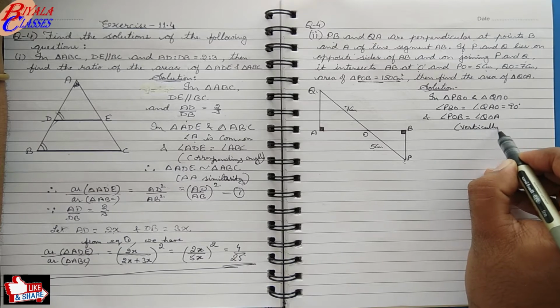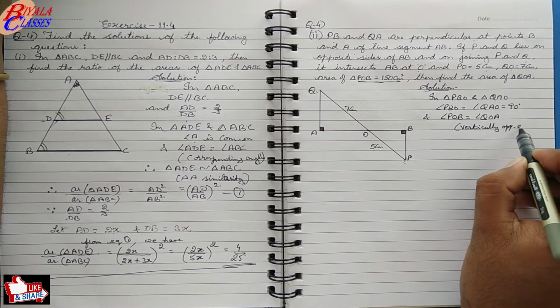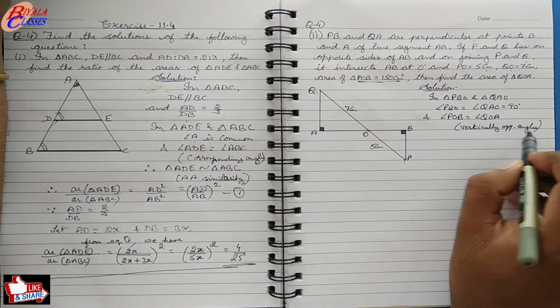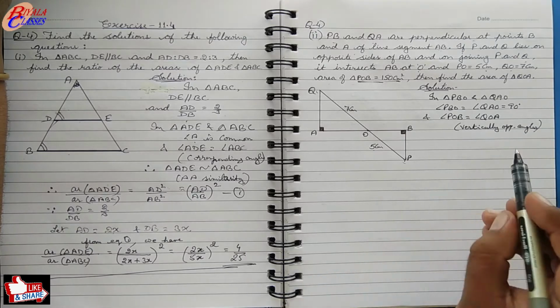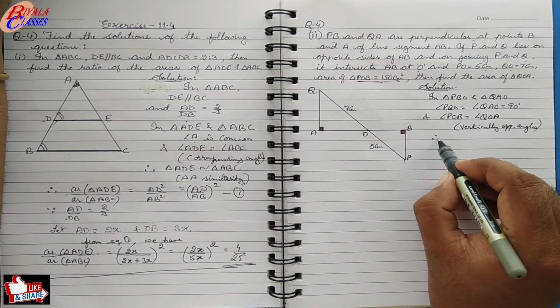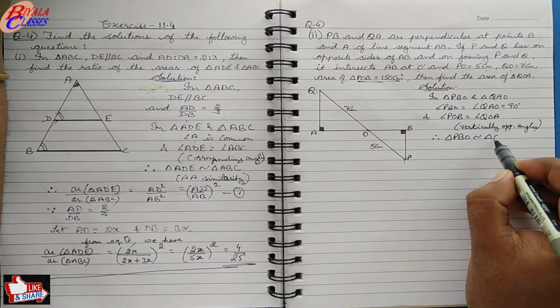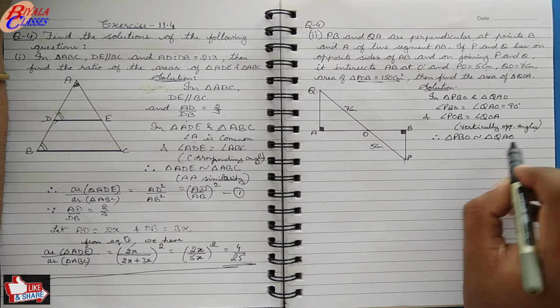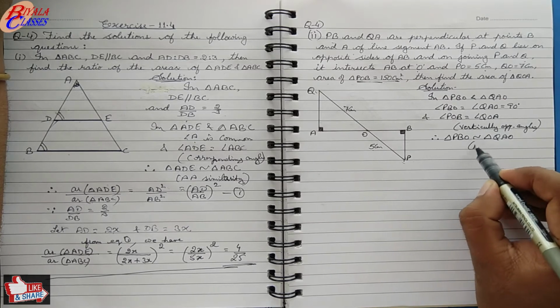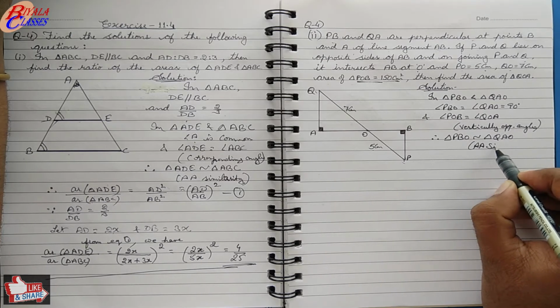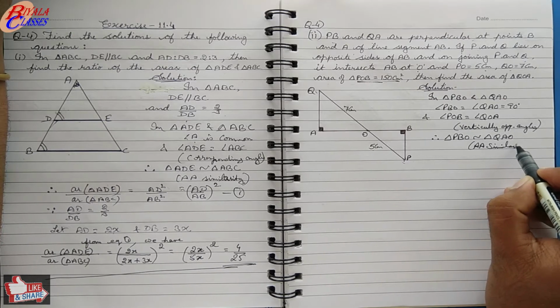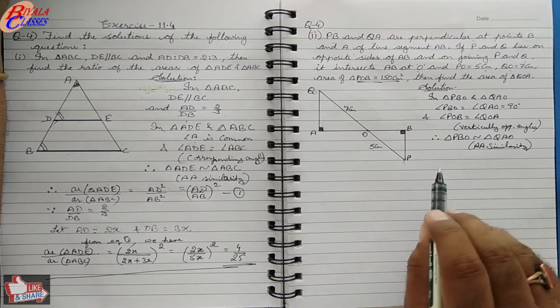They are the vertically opposite angles. Now with this, we can say that triangle PBO is similar to triangle QAO. This is by AA similarity.